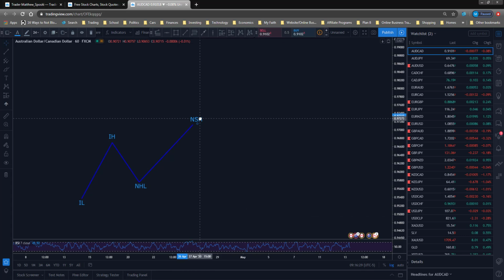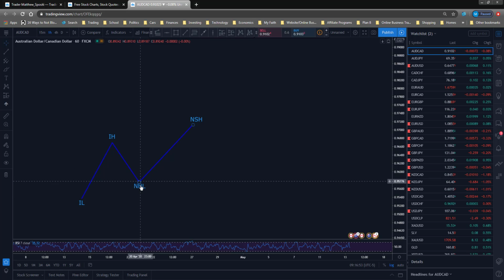And so there's another way you could classify. So we have an initial low, an initial high, an outside return or retracement, a new higher low, and a new structure high. You could also say a new higher low, because this low is higher than the last one.